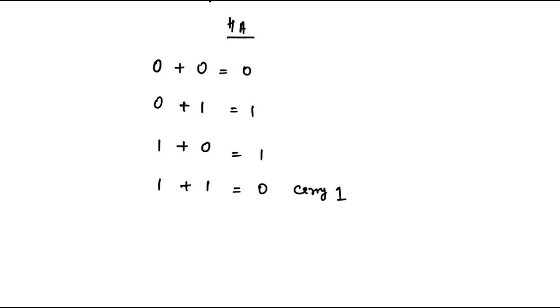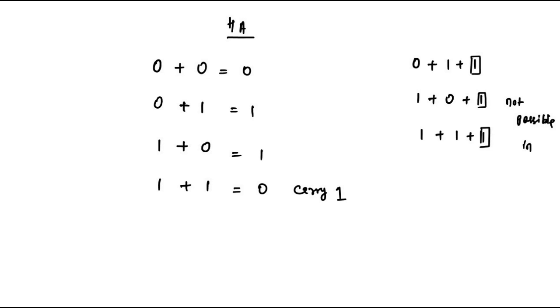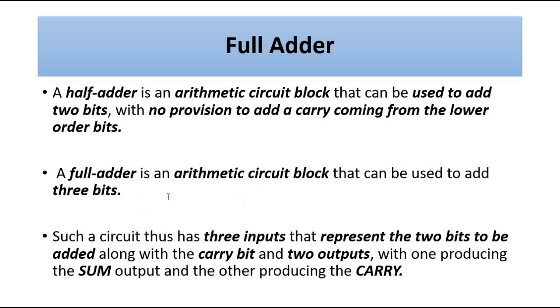Operations which involved an extra carry bit were not possible in half adder, but it is possible in full adder. So a full adder is a combinational logic circuit.